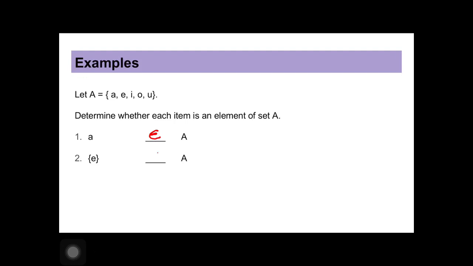The answer here would be not an element. Next, number 3, {O, U} enclosed with braces is also not an element of your set A. So you have to remember that for the element, we will not enclose the letters with braces. So here, only number 1 is an element.